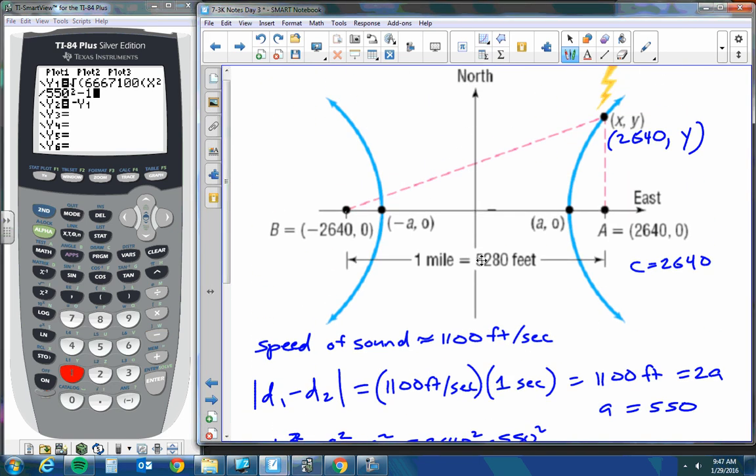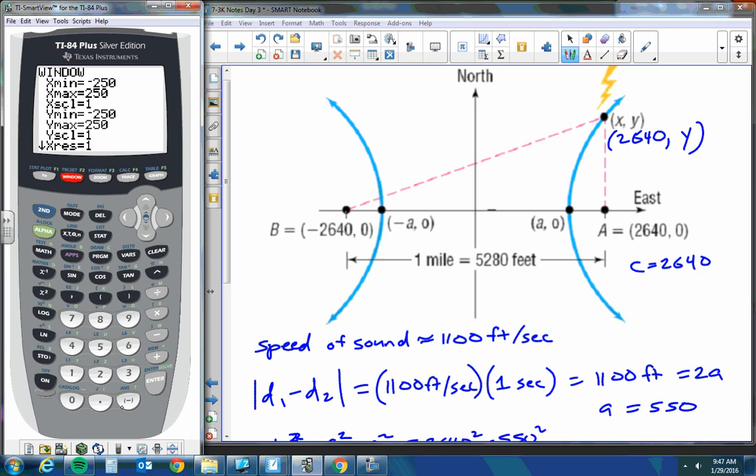But if you look at our picture, you have to go at least 2640. I'll just make it 3000 both ways. And we should see the horizontal hyperbola.